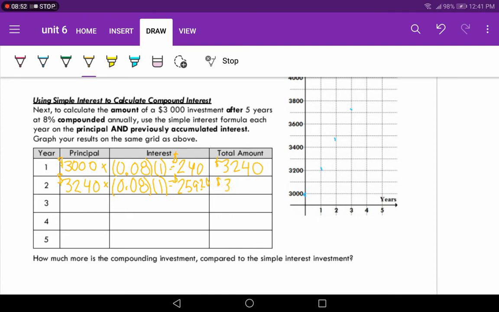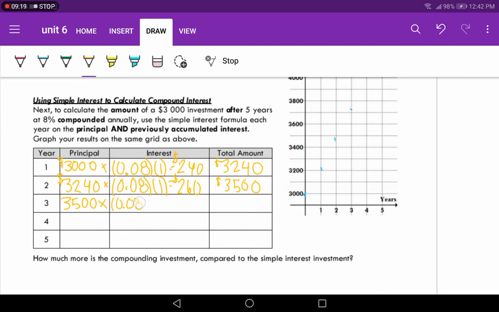And you know what I'm going to do just to make things a little bit clearer is I'm going to just round up to a whole number. Okay, so our total amount here is now 3,500. Okay, so because we have interest, that is going to become our new principal. So we take our new principal, we're going to do the exact same thing.